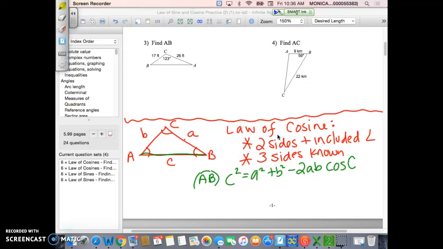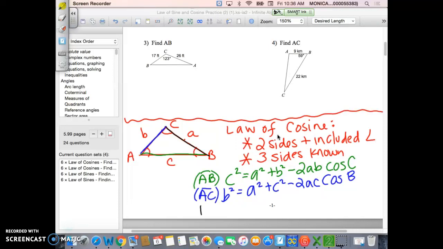If you were looking for side B, which is here, so we can call that side AC, then B squared is going to equal whatever is not B. So A squared plus C squared minus 2AC times the cosine now of the angle B. And the last one, let's say we wanted to find this side here.